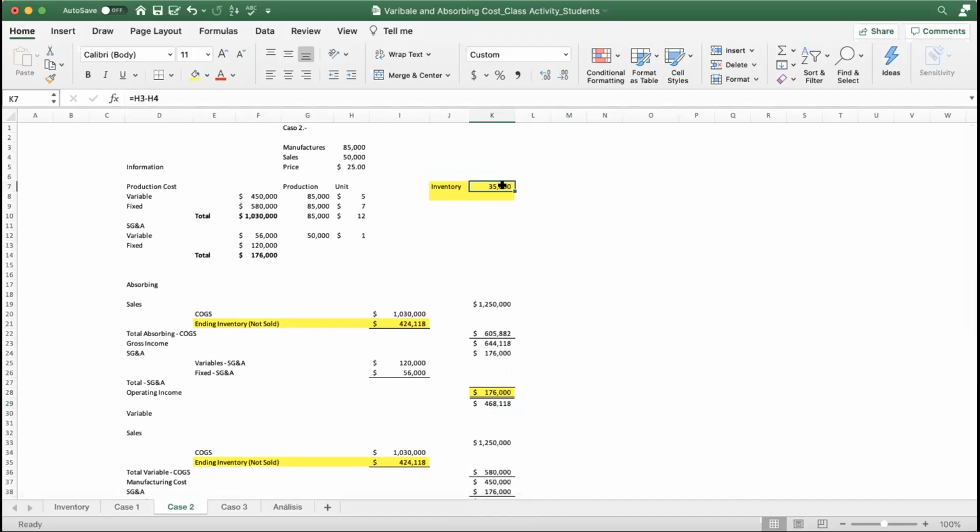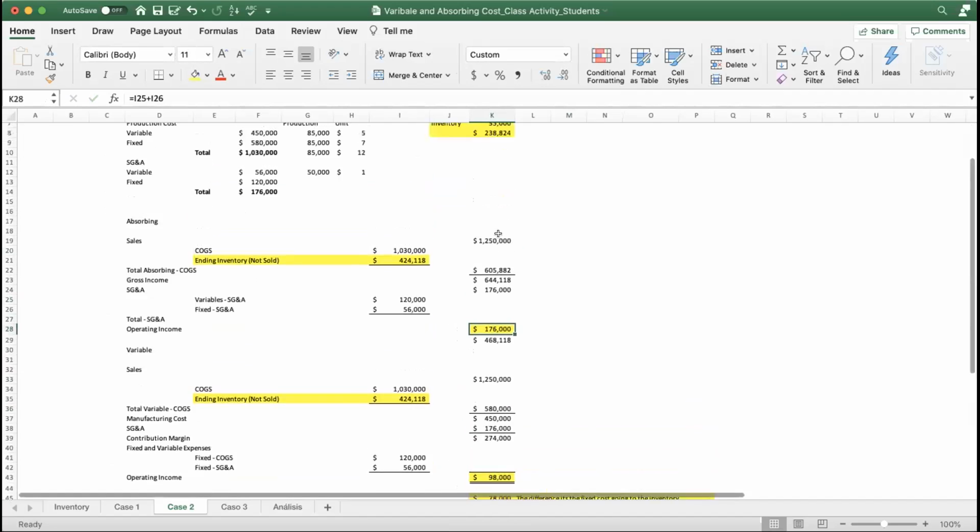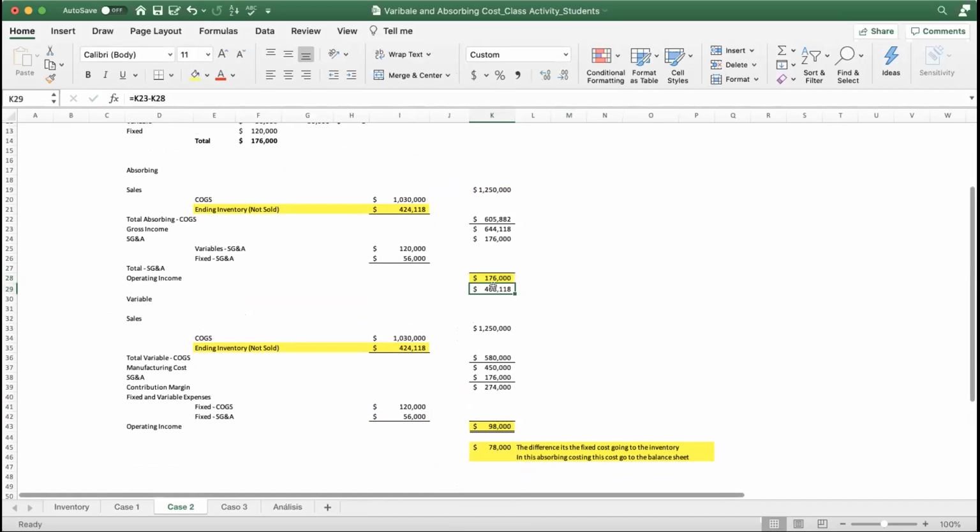Multiply it times the fixed cost. So that's the difference that you should have, and you have 75,000. I think I know why.